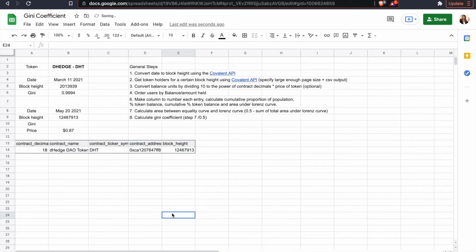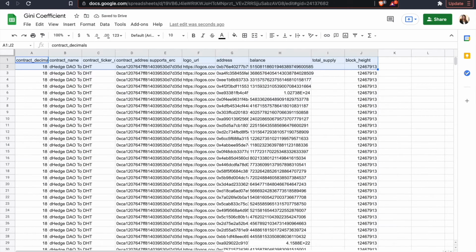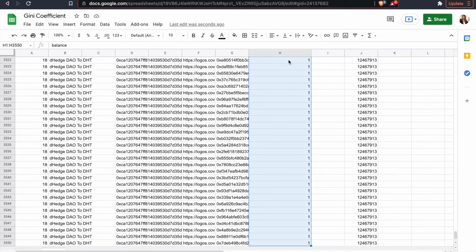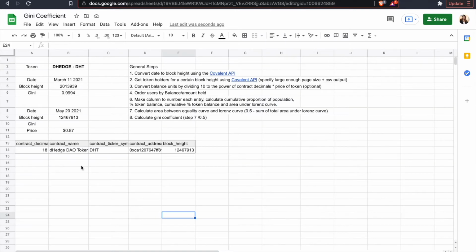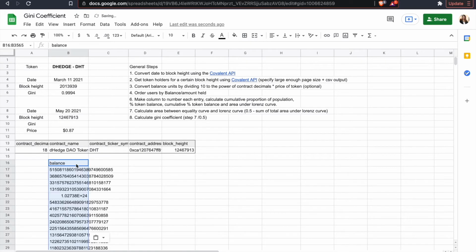Now, for the Gini coefficient, the main data that you want to look at is the balance. What are all the token balances? So I'm just going to copy that. And these numbers are not human readable, so I'm going to convert them to balance in USD.